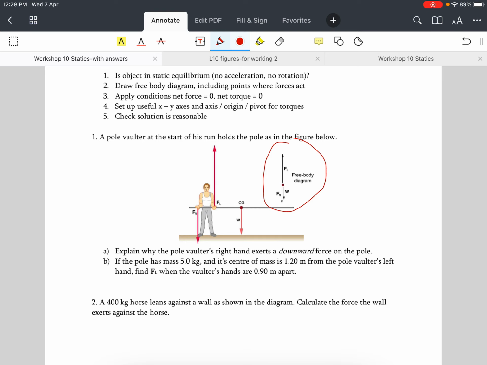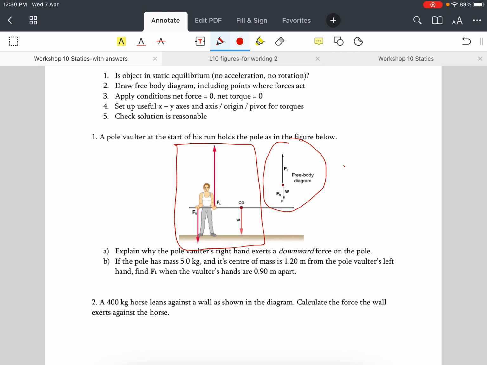But when we are talking about torques, the position of the force is also important. And so when you draw the free body diagram in torque problems, this here will be the more appropriate free body diagram. We can see 3 forces.